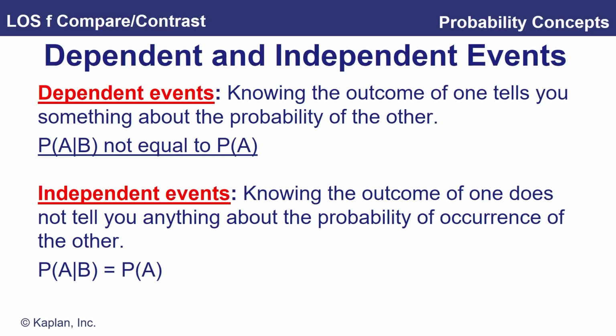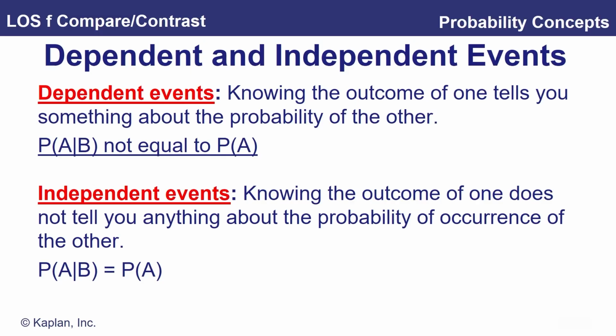With a dependent event, knowing the outcome of one tells you something about the probability of the other. In other words, an event's occurrence does impact the occurrence of future events. Let's think about lottery balls here. The probability of a ball being chosen is going to change with each pick as the number of remaining balls is reduced.